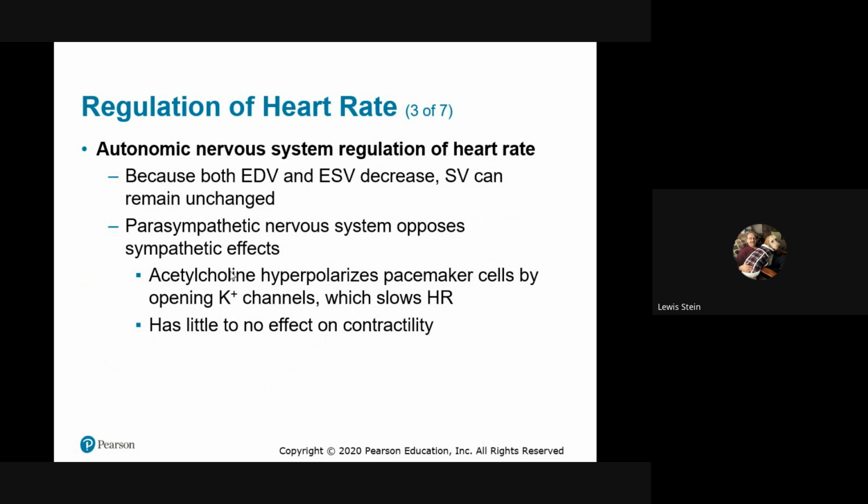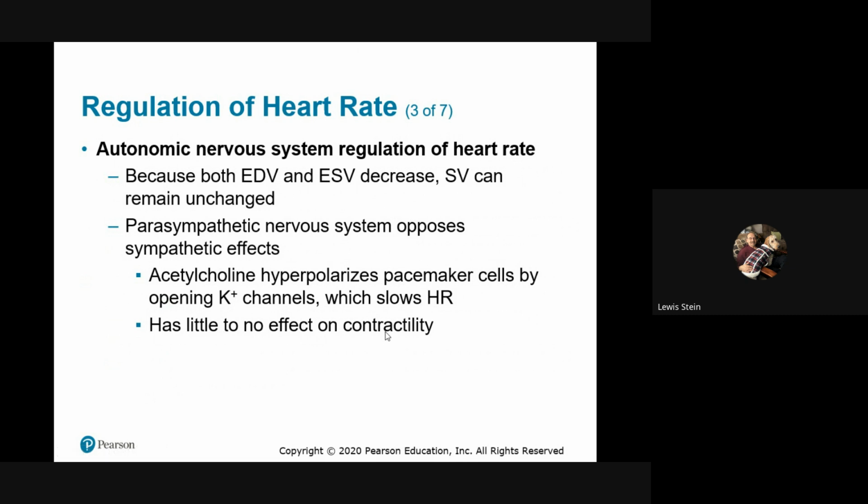Opposed, as you all know, sympathetic always opposes parasympathetic. Acetylcholine hyperpolarizes the pacemaker cells, opens more potassium channels. Remember that? Leak channels. Boom, they open up, goes down. Makes the interior more negative. That's hyperpolarizing. Slows it. No effect on contractility.